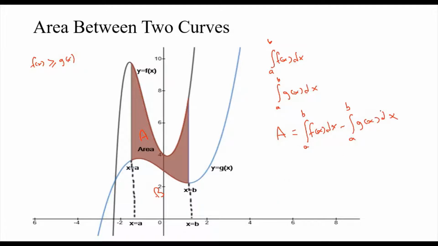So when I use the properties of integrals, I can say that the shaded area is the integral from a to b of the function f of x minus g of x dx.